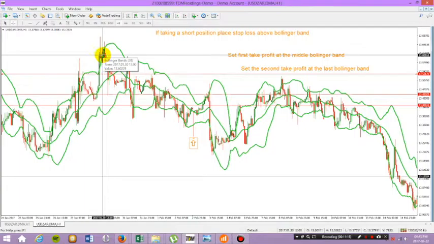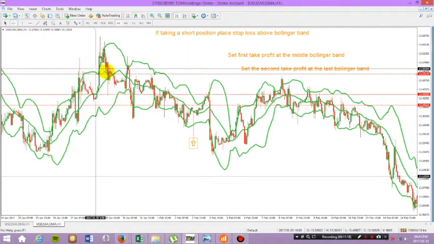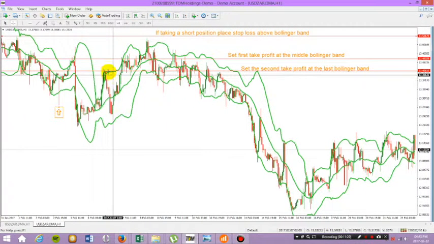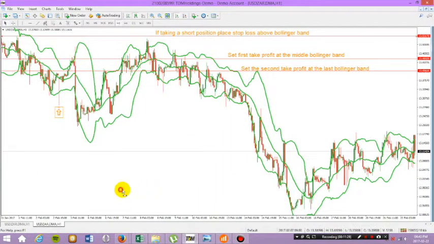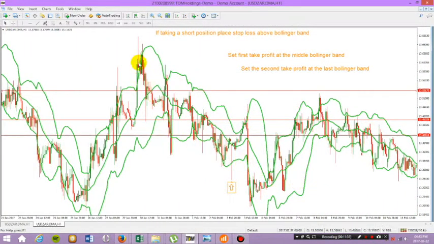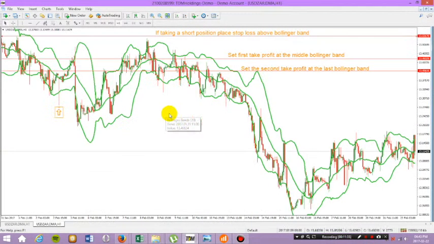This is for a short position, and you would place your take profit at the middle, and then you'd also place a second take profit at the lower bound, and as you can see, it did hit.